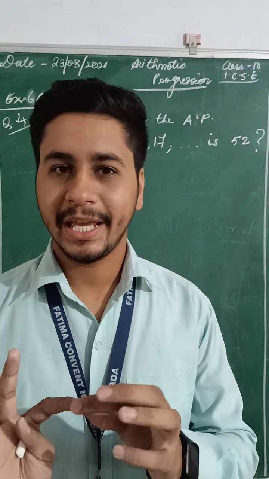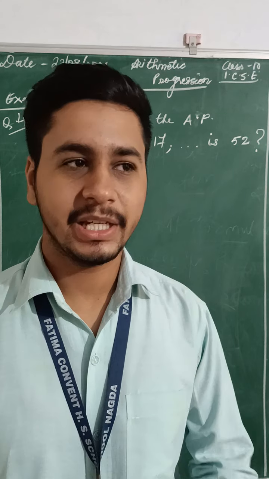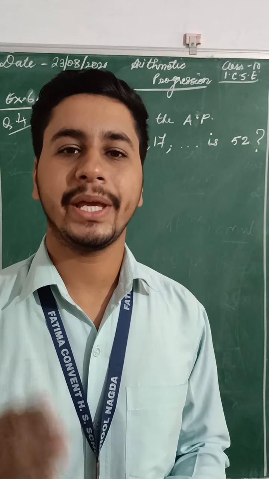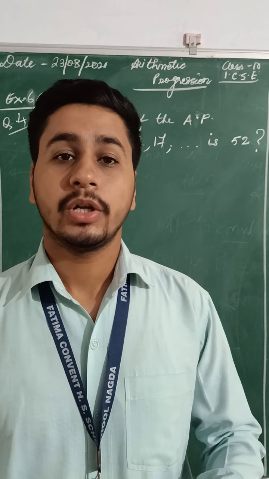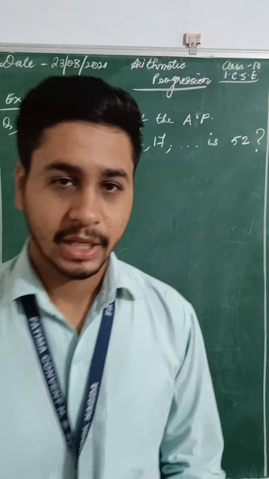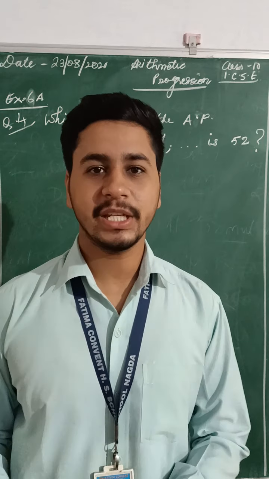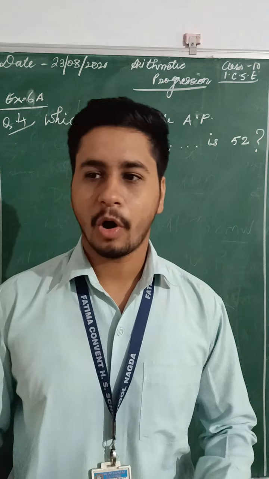To find the nth term of the series, we apply an equals a plus n minus 1 into d. Then to find the sum of the series, we apply Sn equals n upon 2 bracket a plus an, or n upon 2 bracket 2a plus n minus 1 into d. So these two formulas we have seen.